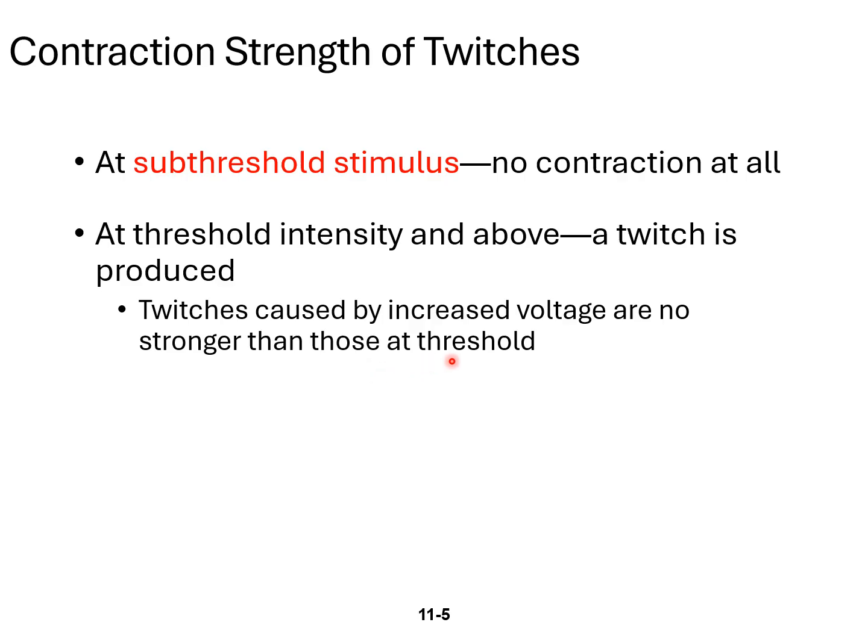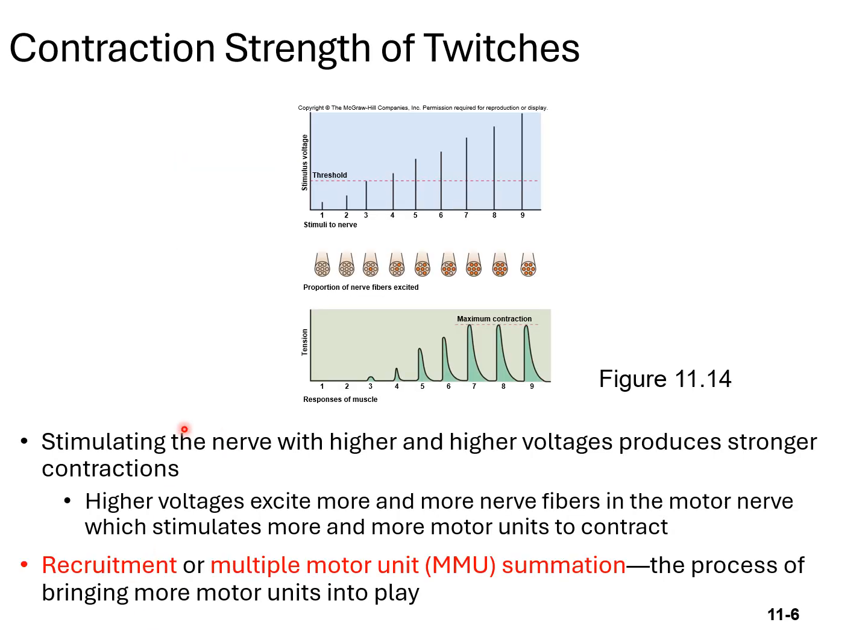I'll show you this at another slide. So let's look. Some of these little signals are subthreshold. If it's right at threshold, you can see how it only innervates a couple of muscle fibers.